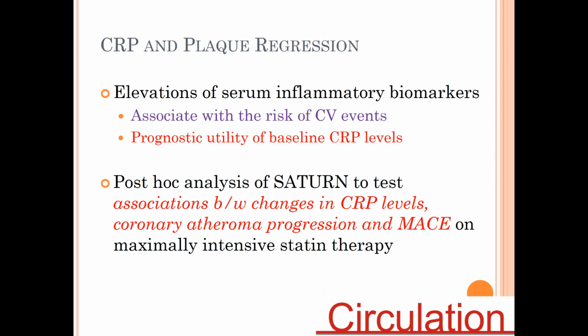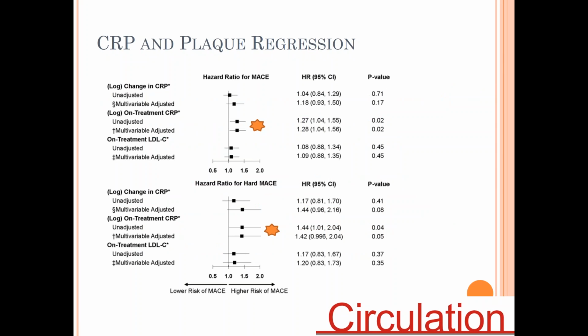And then there was a study that analyzed the data from the statin trial and specifically looked at CRP levels, to assess whether inflammation was a better prognostic indicator versus LDL.